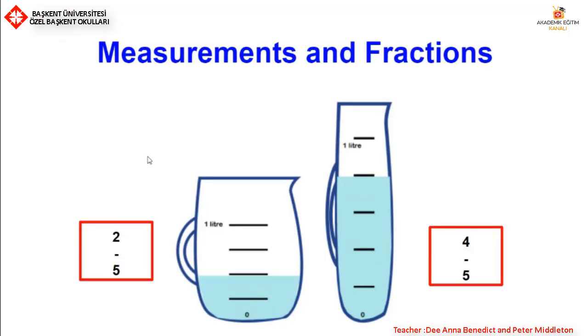So here we've got 1 liter of water, and on the right, the fraction is 4/5. So we know that there are 800 milliliters in this picture. On the left, it's 2/5. This jug can carry 1 liter. So how many milliliters are in the jug?